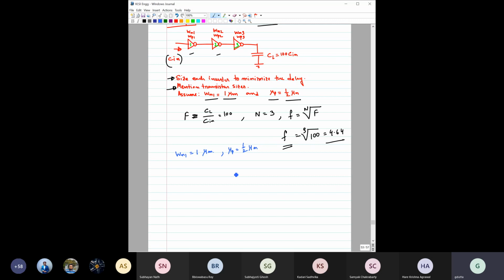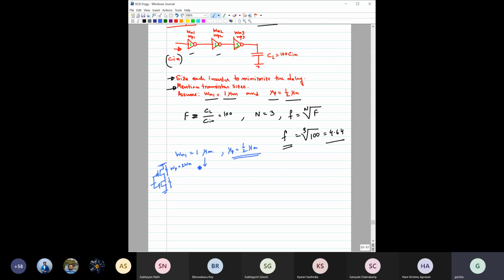Now we have to make the charging and discharging time symmetric, right? So the PMOS resistance and the NMOS resistance have to be the same. If you have to do that, then you have to make this PMOS 2 times the width of the NMOS, because of this condition.